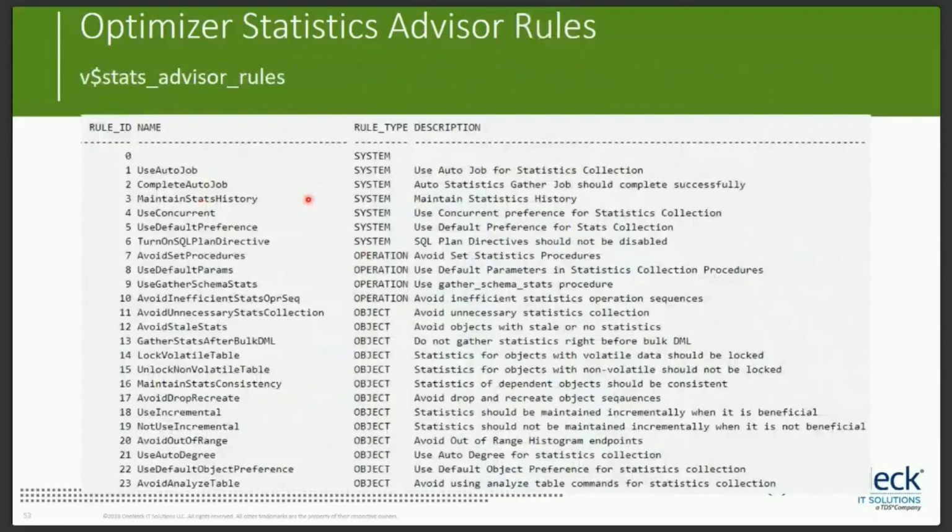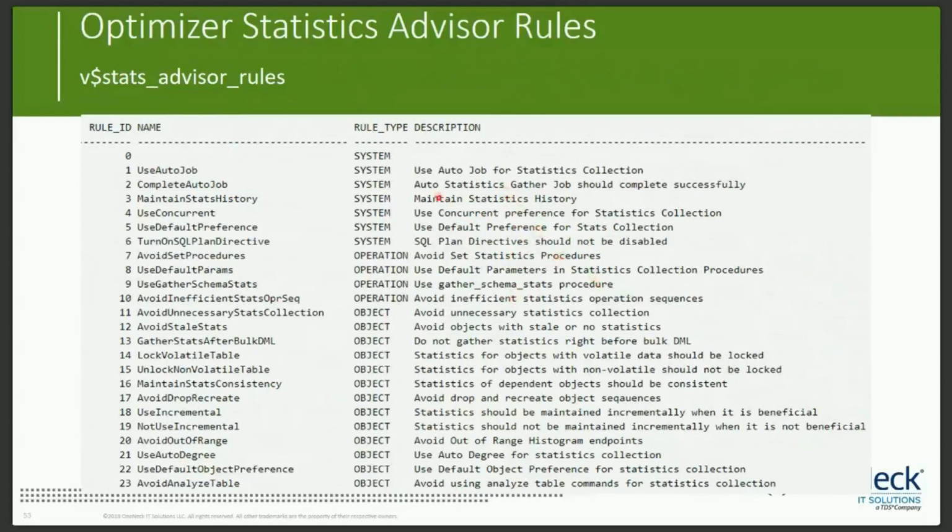So these are some of the rules available where it is checking. If you have the auto stats job available, is it completing successfully? How much history is maintained? The concurrent preferences. There are 23 rules available in 12.2 database. I believe the rules are more in 18C.